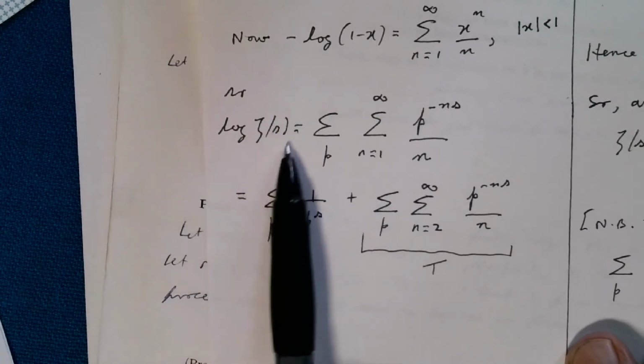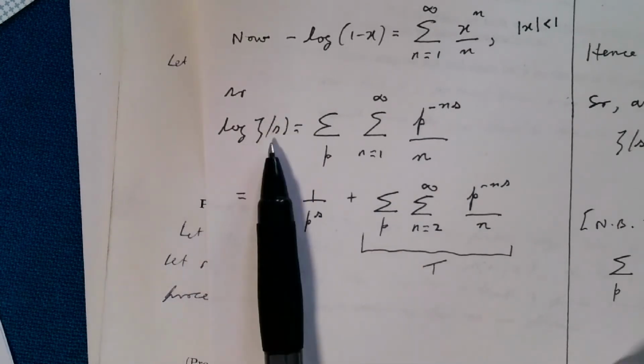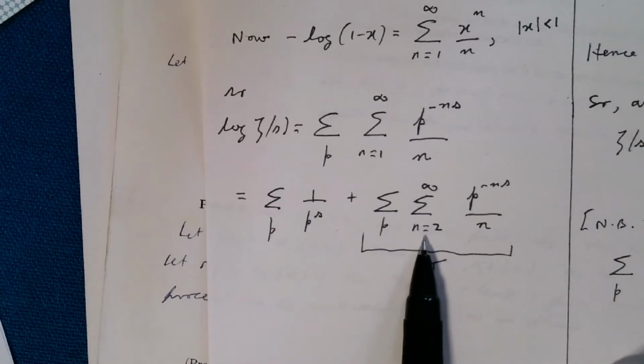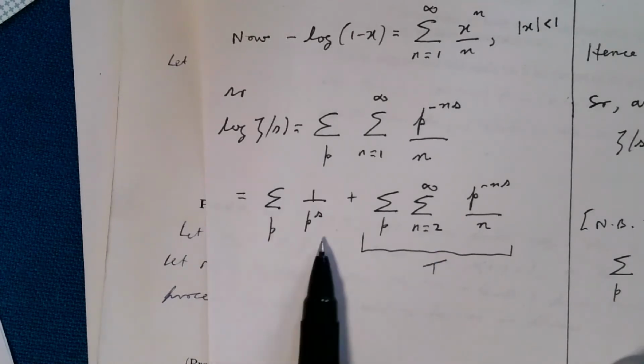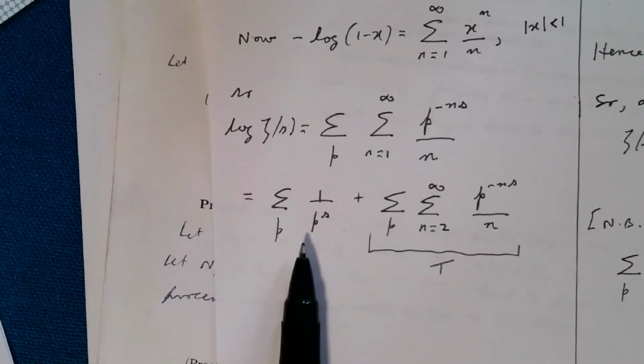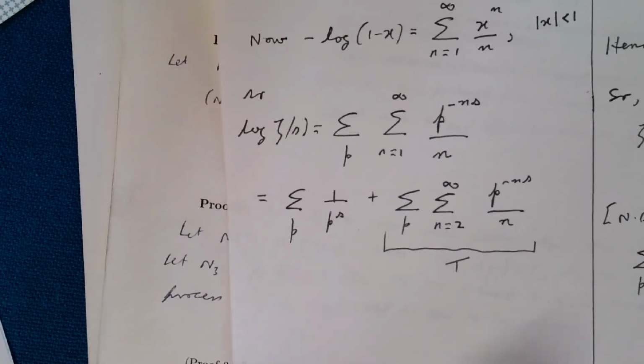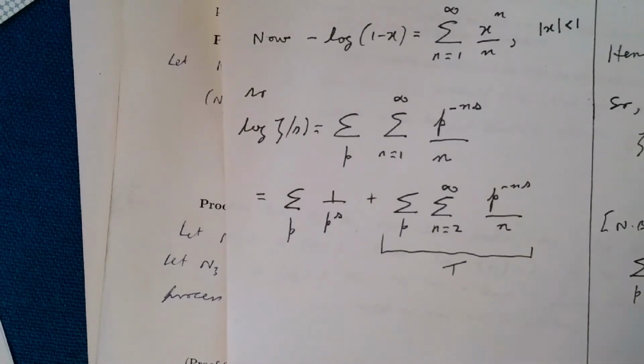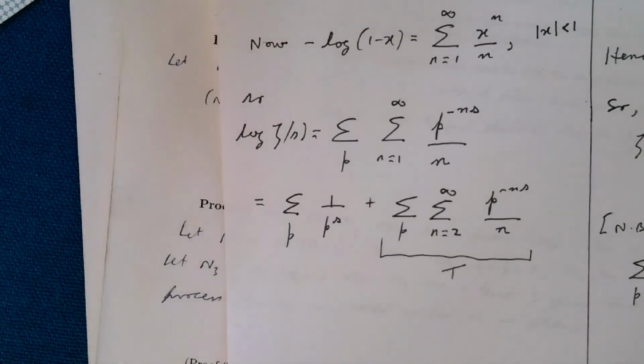So zeta of s is finite, log of zeta of s is finite, this is bounded, this is a finite number, and so this must be a finite number as well, provided s is bigger than 1. So there is a nice little proof of the fact that the sum of the reciprocals of the primes diverges.